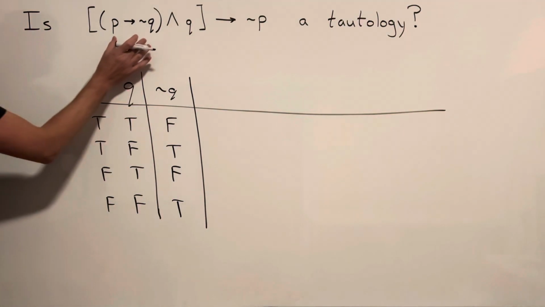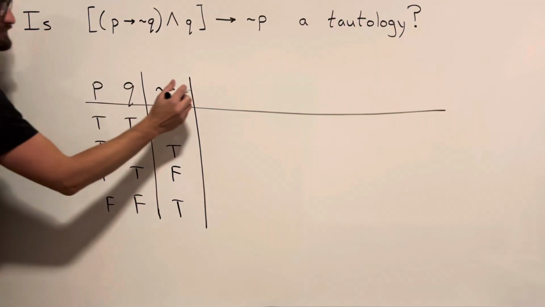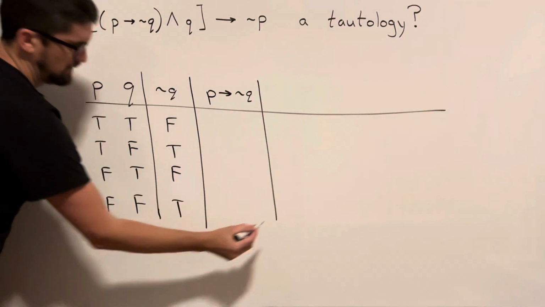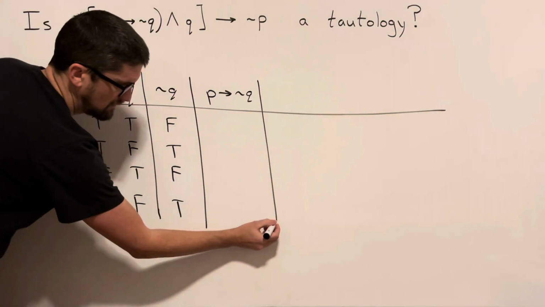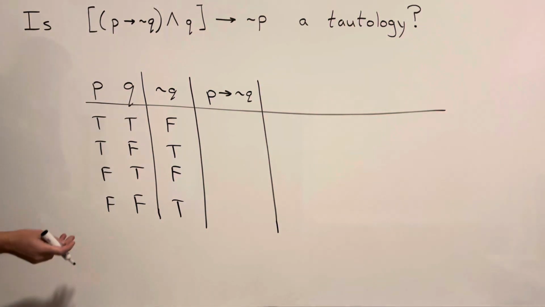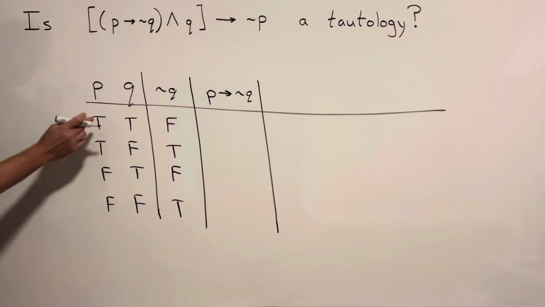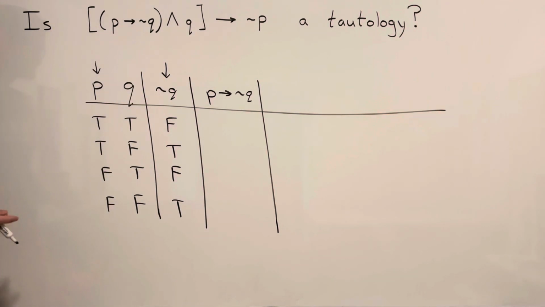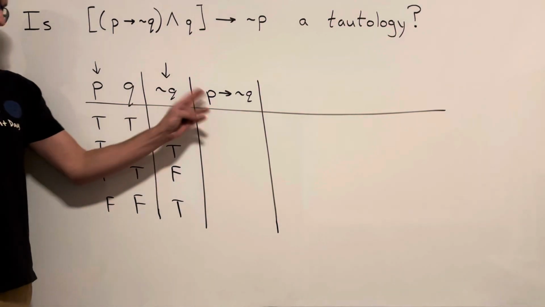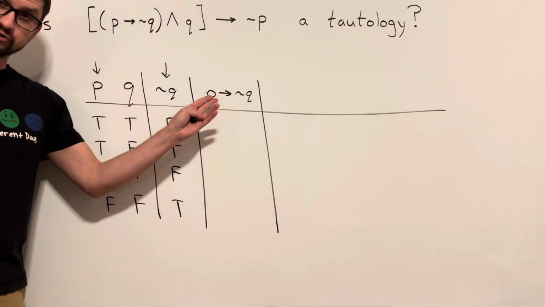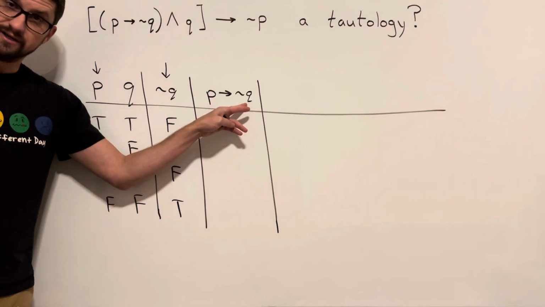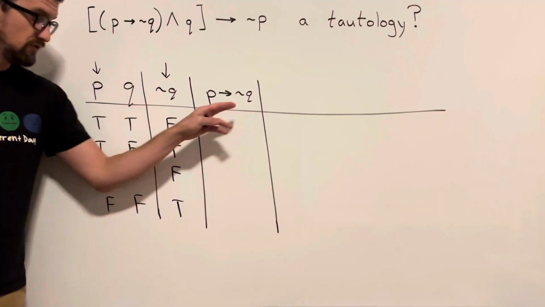All right, now I'm ready to do this conditional inside here. If P, then the negation of Q. So I'm looking at the P column and the negation of the Q column. Now remember, there's only one false scenario for this: if P is true and the negation of Q is false.